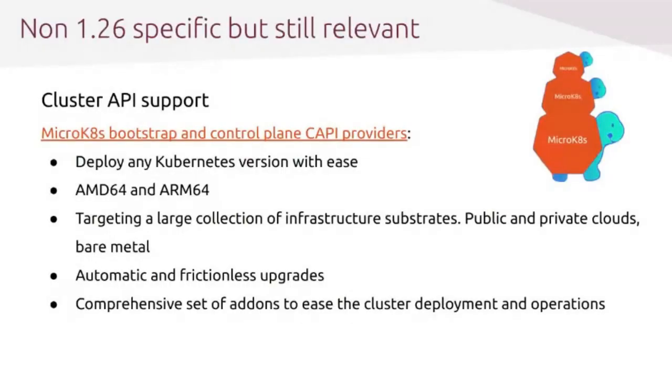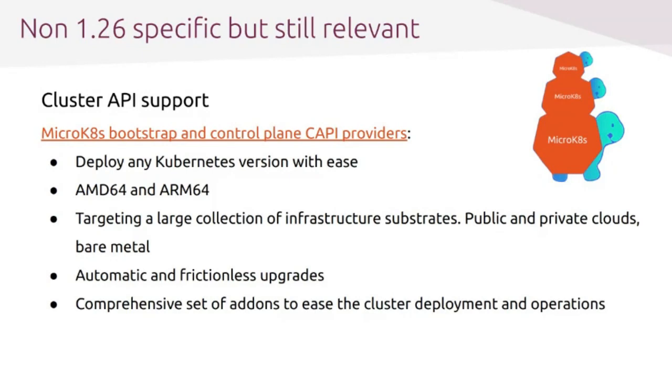Now, a lot of our effort was spent on tasks that are not 1.26 specific, but it is worth pointing them out. The first one is Cluster API. We spent a lot of time there.